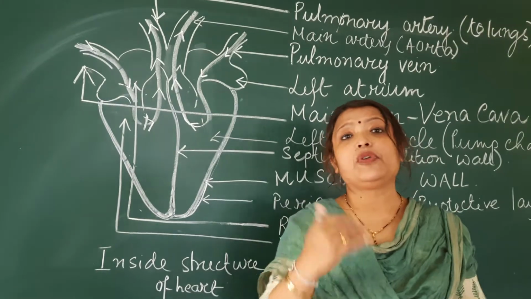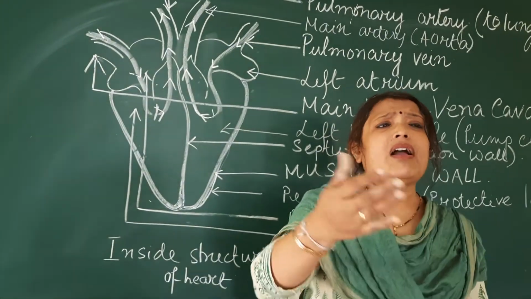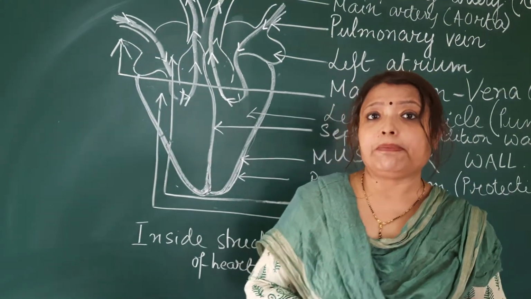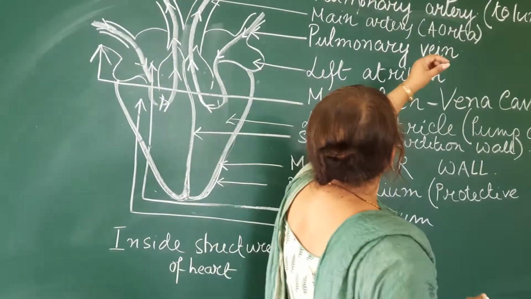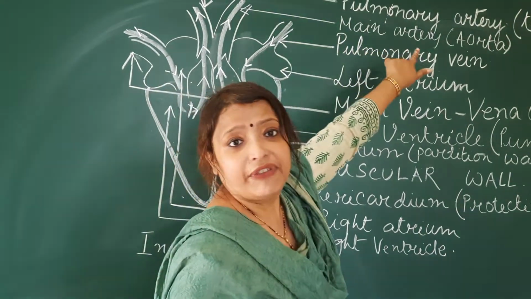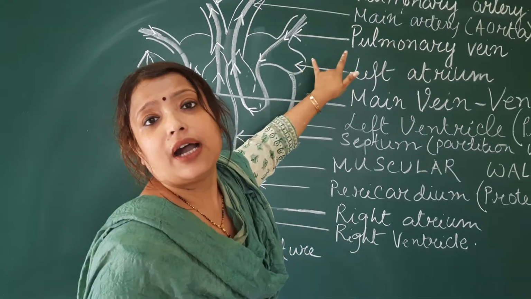Now how does the purification happen? That is another part. Through the carbon dioxide and oxygen exchange, there is a purification of the blood, and that purified blood comes through the pulmonary vein to the left atrium of the heart.